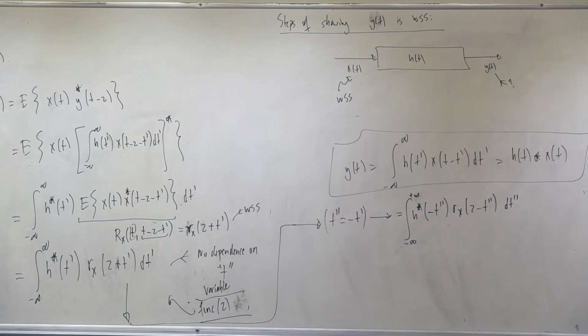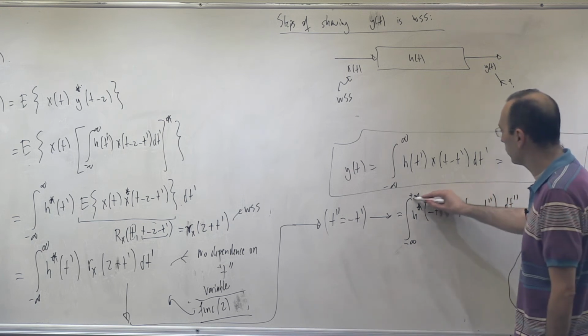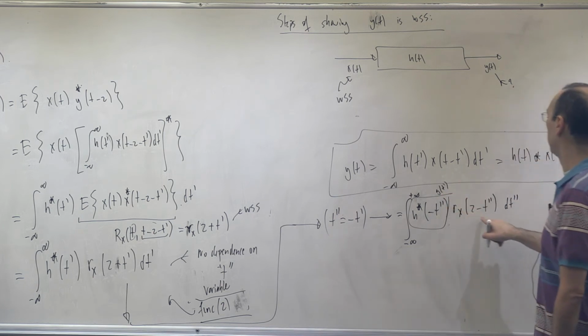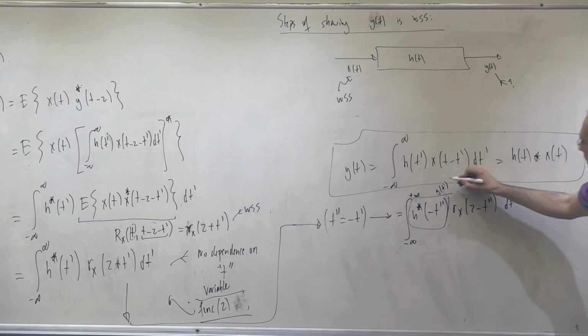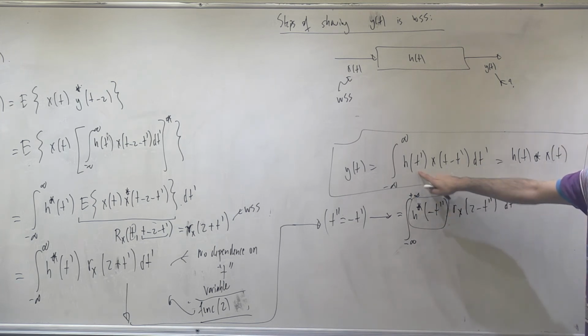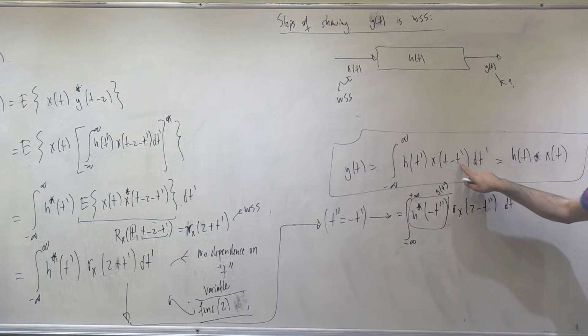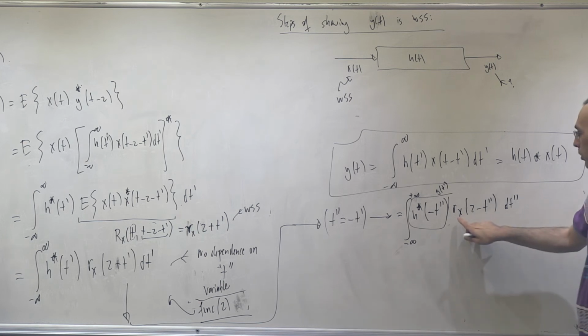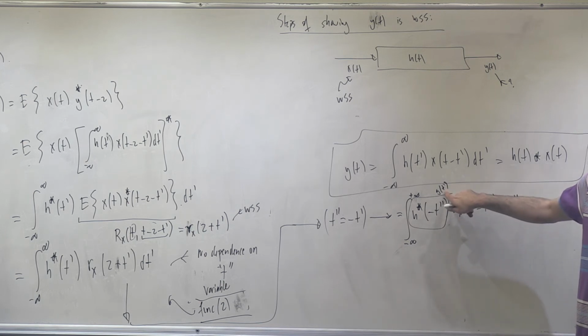Now, do you think this looks like a convolution? Well, if you don't believe me, just call this another function, g function, for example. The dummy variable is t double prime. So this is indeed a convolution: the convolution of this function and the g function, am I right?